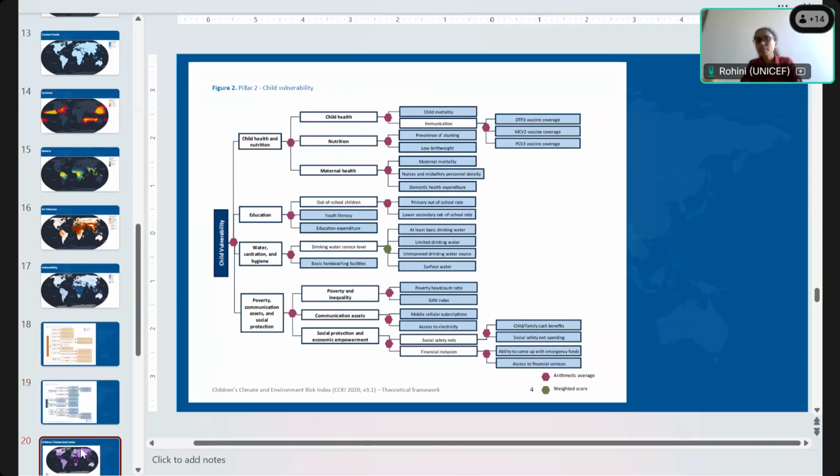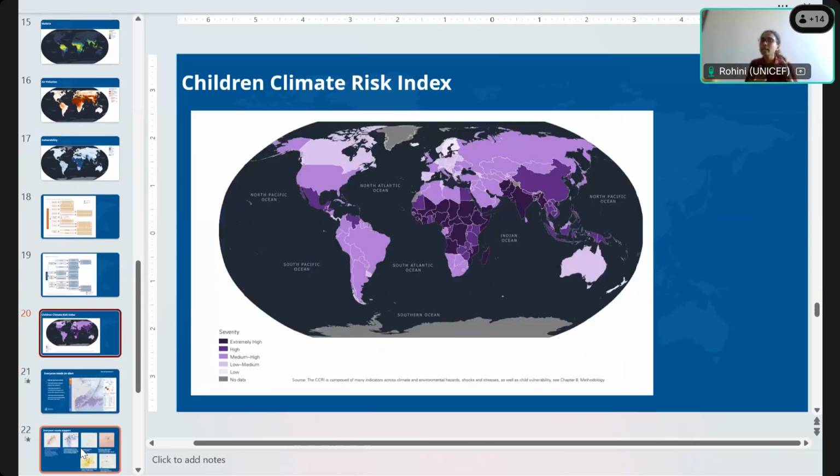So we start putting them all together in a map called the Children's Climate Risk Index that brings all of these variables together. And as you can see, the darker areas here are where the risks are really high, because some of these countries are still developing and still reducing their vulnerability. The main impact that you see is not only the hazards, but also the vulnerability that plays into the ranking.